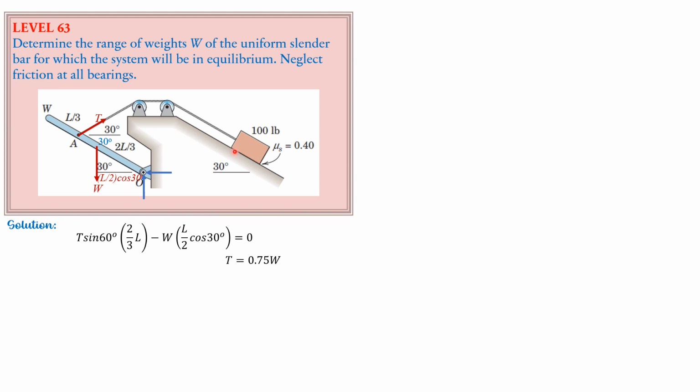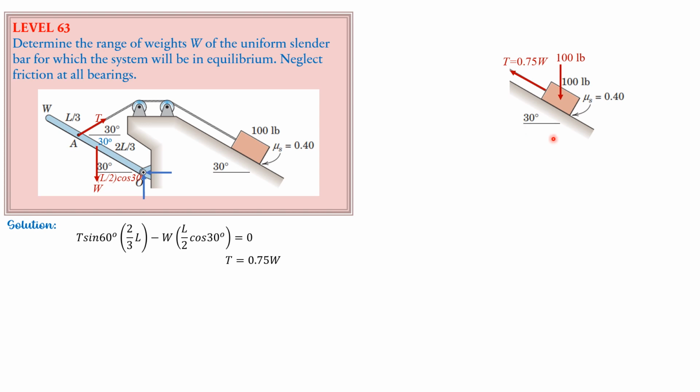Then let's do the free body diagram of this block, which is inclined 30 degrees. Then let's have the tension, which is 0.75 of W. Then the normal reaction, the weight, which is 100 pounds.